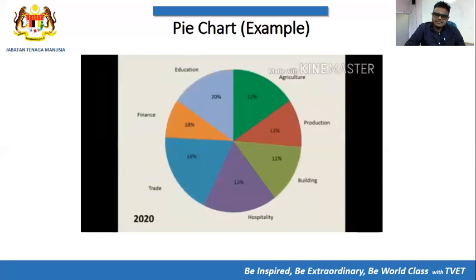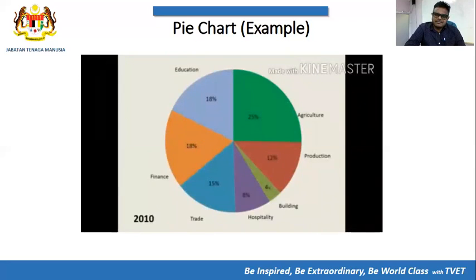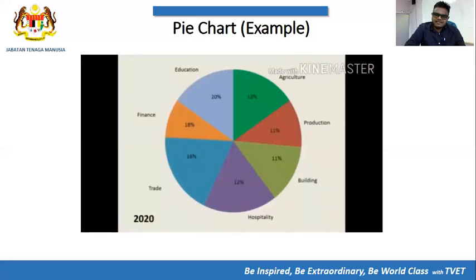That means what had been increased and what had been decreased. So here we are going to see the increase and decrease of these various sectors in the above pie chart. After viewing the above sectors and their percentages, we need to transform that in a paragraph, in an analytical paragraph.